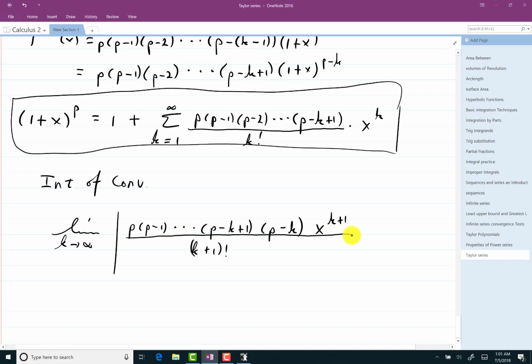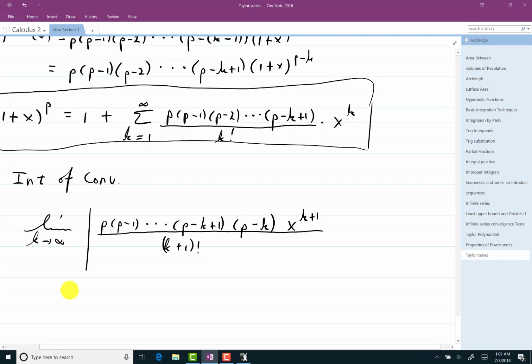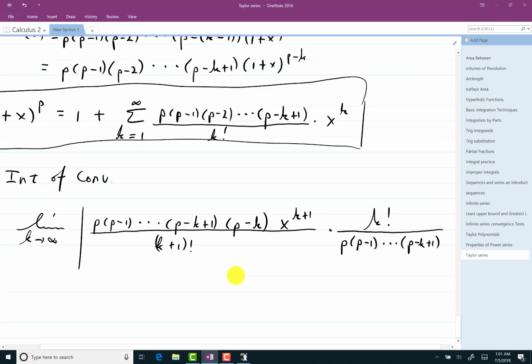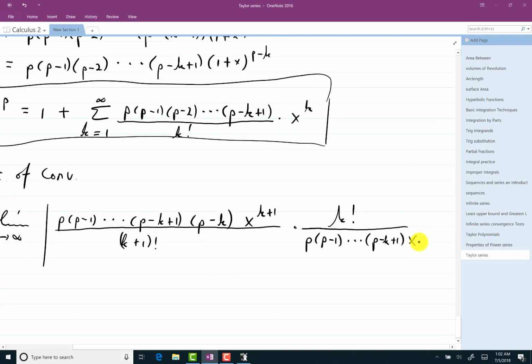And then, as we usually do, I'm going to have this times k factorial all over. And then I'll have this stuff, but I'll only go up to here. So I'll go p times p minus 1 dot dot dot p minus k plus 1, like so. And then I'll get an x to the k down here.